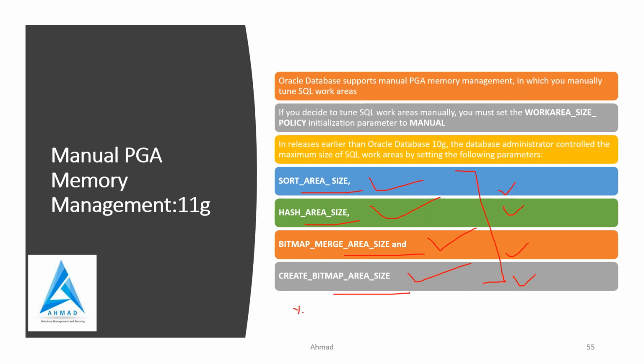So that's why we call it *_AREA_SIZE. Because when you set manually, you need to set WORKAREA_SIZE_POLICY equal to MANUAL. Then you need to set these areas and their values explicitly. So that is very difficult to manage.